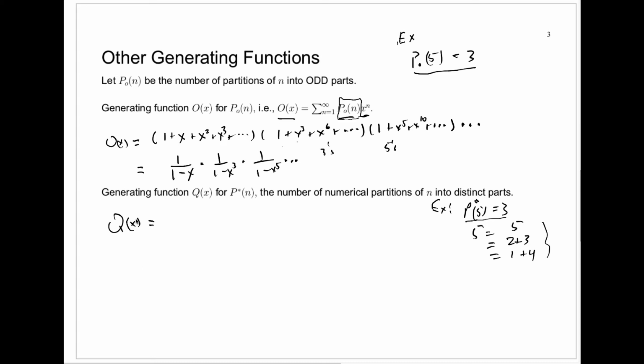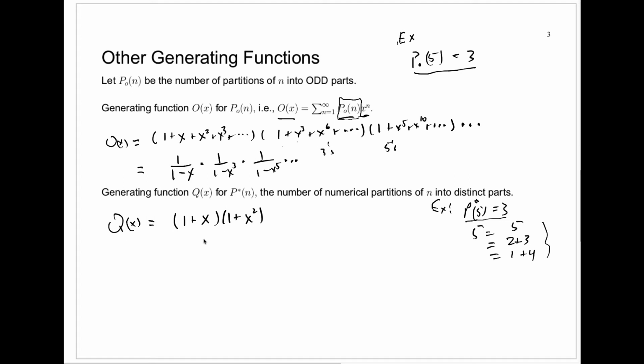So how do we get a generating function for p star of n? Well, we can use ones, but we can only use at most one of them. We're allowed to use 0 ones or 1 1. So we have a factor in the generating function that represents our choice of 0 ones or a single one. We can use 2s, but we can only use none of them or one of them.